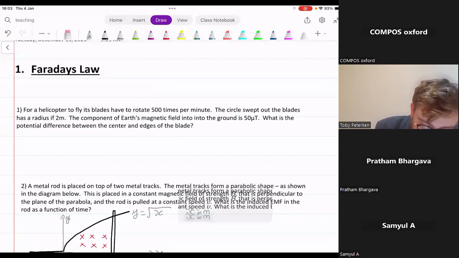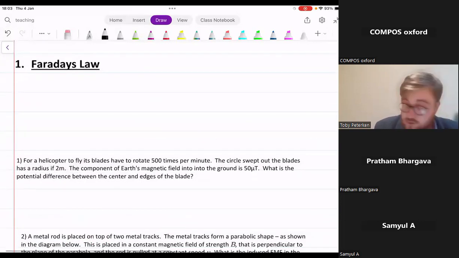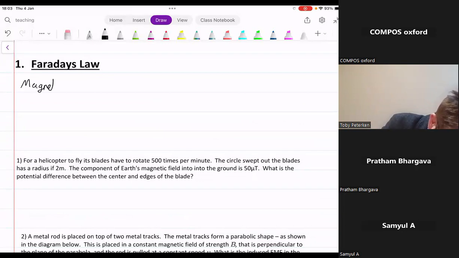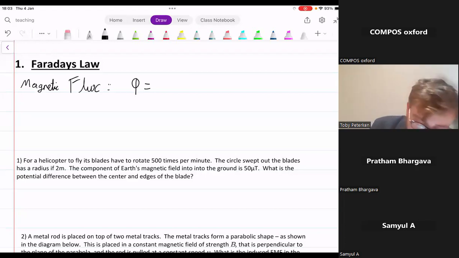So let's write down some equations for this. The first thing we need is magnetic flux, given by phi, which is equal to the magnetic field strength times area.